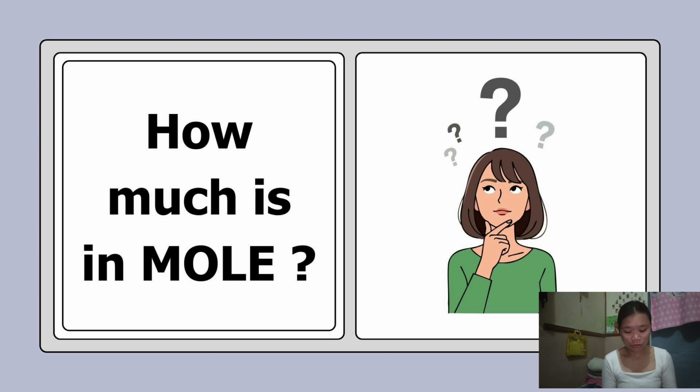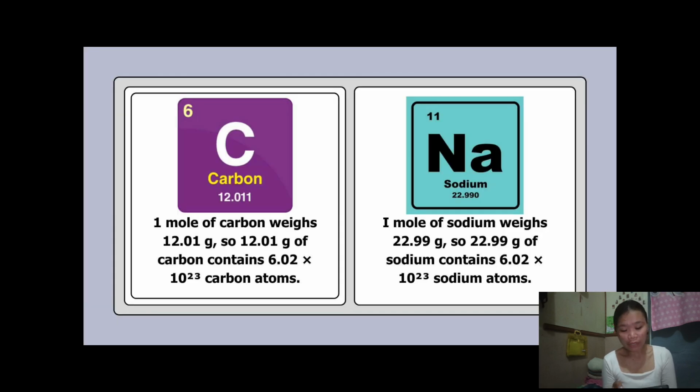And how much is in a mole? We have carbon and Na, which is sodium. One mole of carbon is 12.01 grams; 12.01 grams of carbon contains 6.022 times 10 raised to the power of 23 carbon atoms.